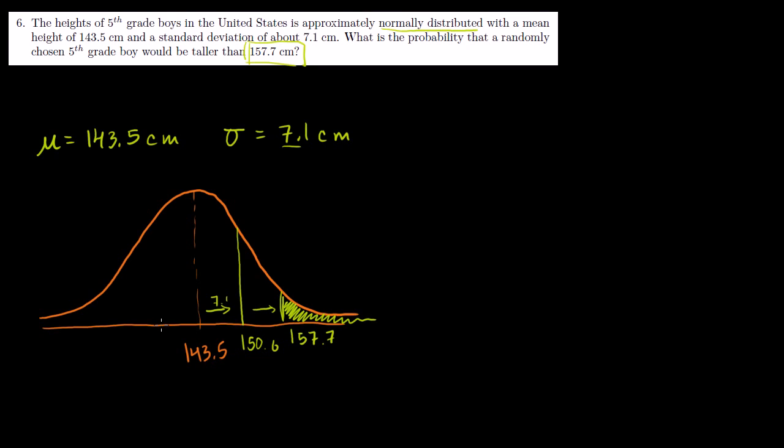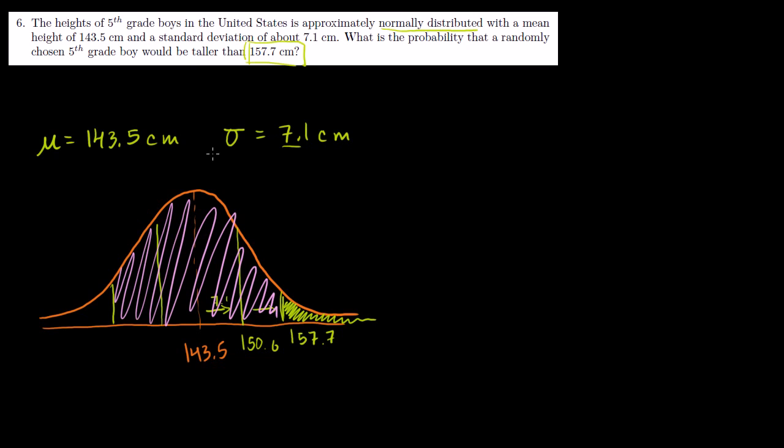If we go to the left, that's 1 standard deviation, 2 standard deviations. We know what this whole area is, the area within 2 standard deviations. The 68, 95, 99.7 rule tells us that this area, because it's within 2 standard deviations, is 95% or 0.95 of the area under the normal distribution.